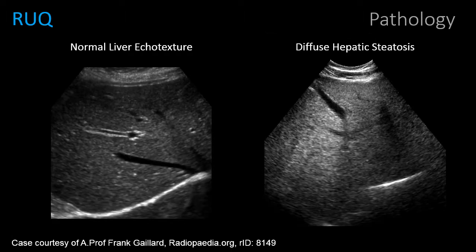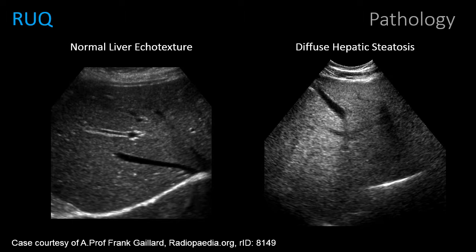Another thing you can assess is the echo texture of the organ. So here we have a normal liver echo texture on the left, where you can see this homogeneous mixture of bright dots of blood vessel, of the fibrous tissue around blood vessels, in a darker sea of parenchyma.